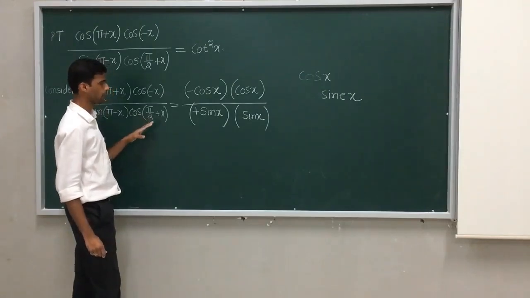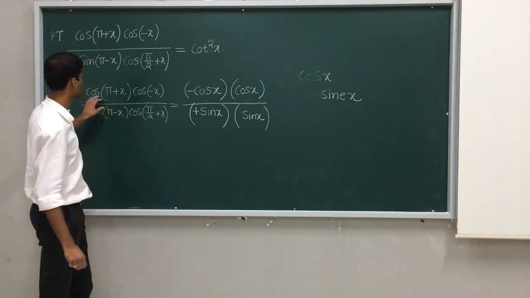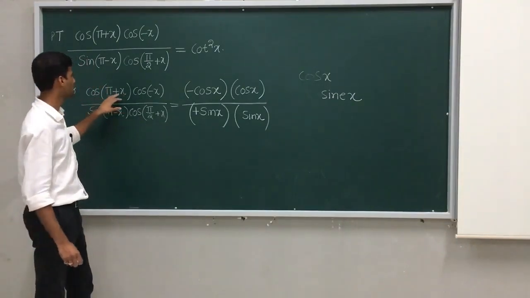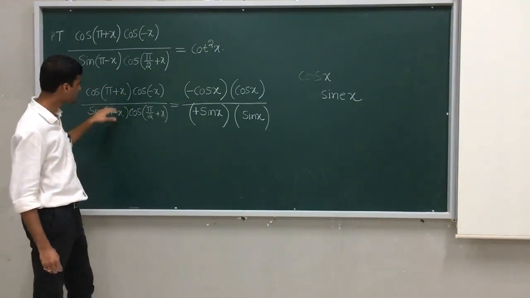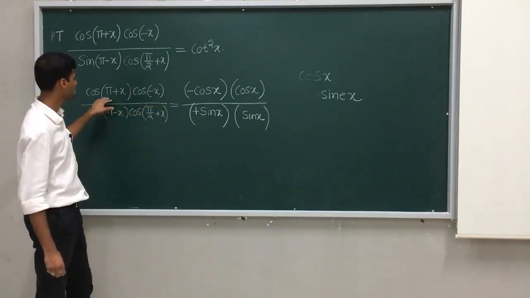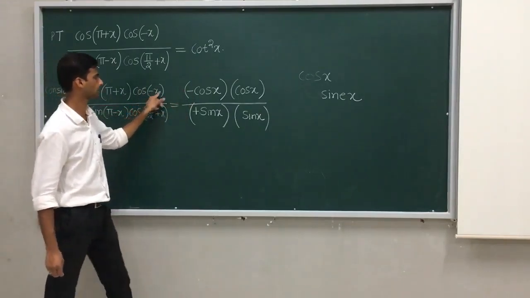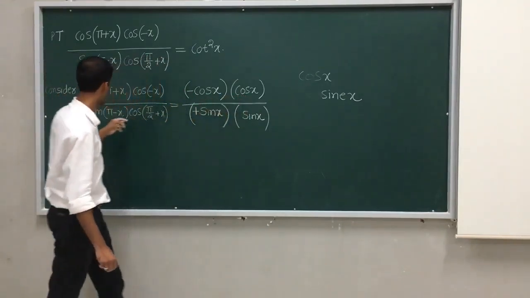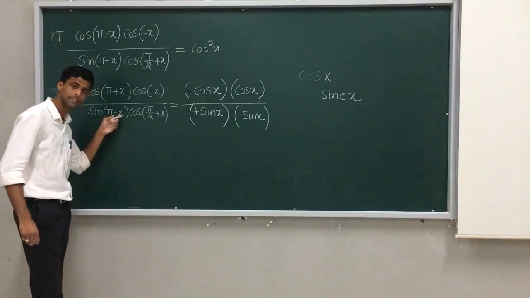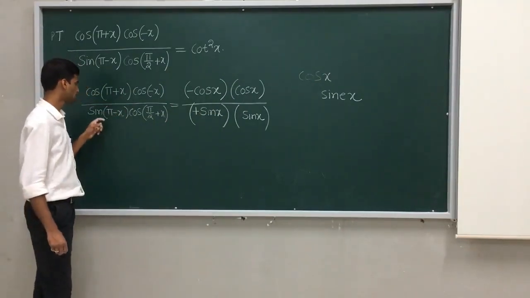So let me try cos of 180 plus. 180 plus means it is third quadrant. In the third quadrant, you will get cos negative by ASTC rule. Cos of minus x is cos x. Sin of 180 minus is 2 into 90, and 2 into 90 is even, so sin only.